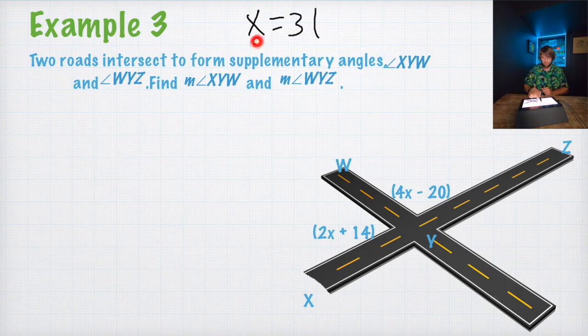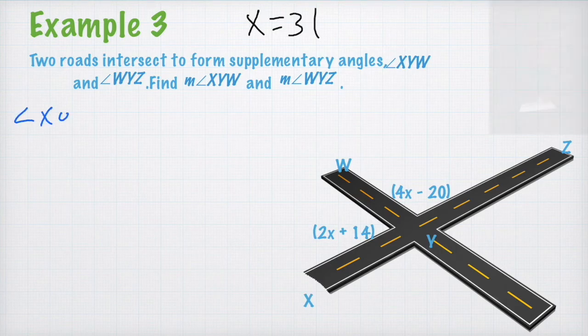If x equals 31, to solve for these angle measures, all we have to do is plug our x value into those equations. Or plug it into 1 and take it and subtract it from 180. I'm going to do it that way so you can see how that works. So let's go ahead and do angle XYW.